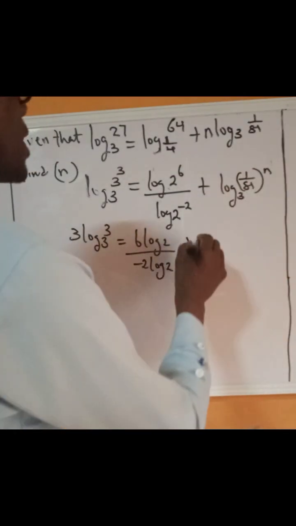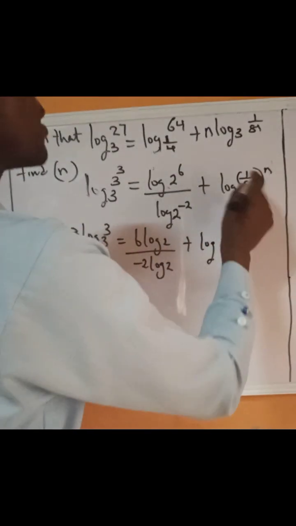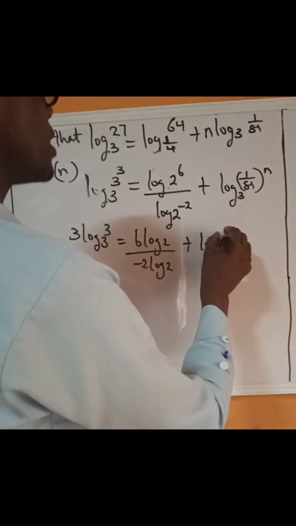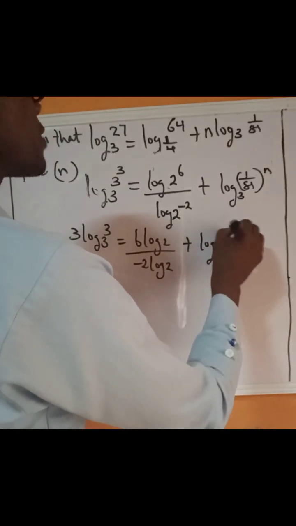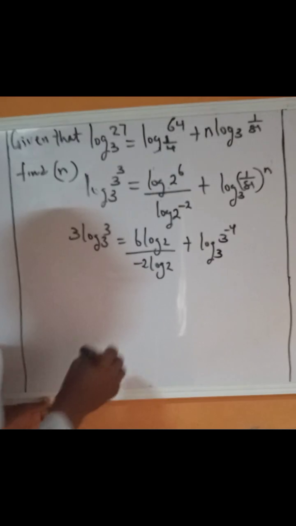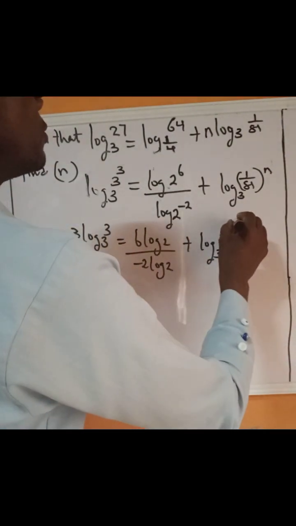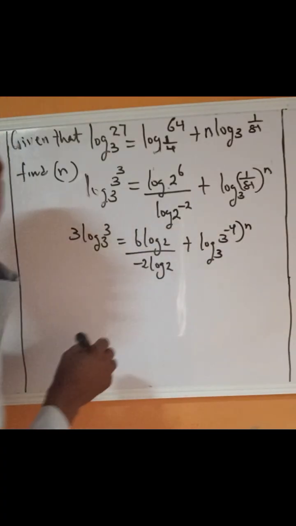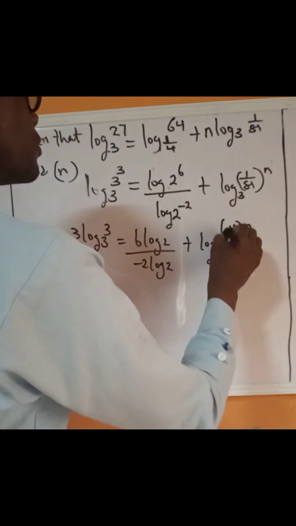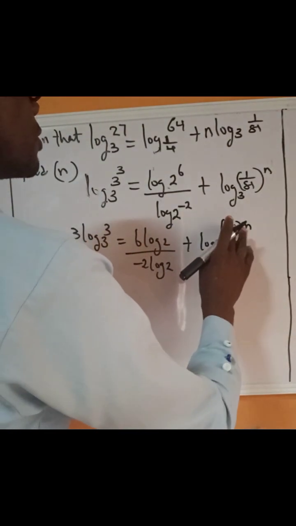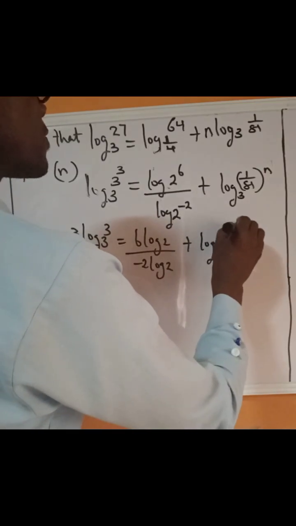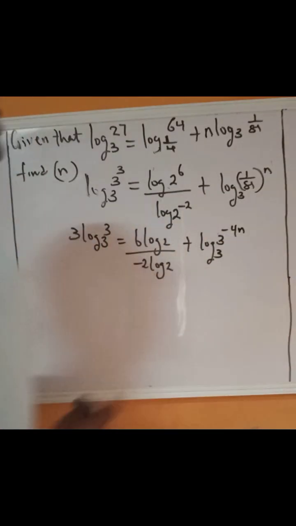Now this we can write as log of 1 over 81, which can be written as 3 raised to power minus 4, then base 3. Don't forget, we still have our raised to power n. Now, what we are going to do, which is 3 raised to power minus 4, then bring the n to the front now.